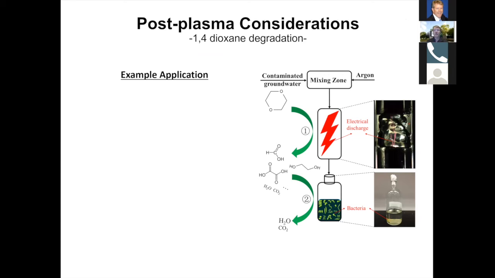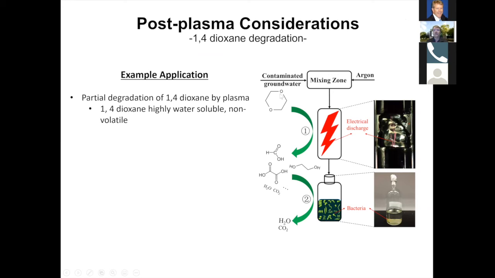So I did want to mention this example on 1,4-dioxane. And what we're doing here, 1,4-dioxane is a contaminant in groundwater, and it's very water soluble. And it also is fairly hard to degrade biologically.